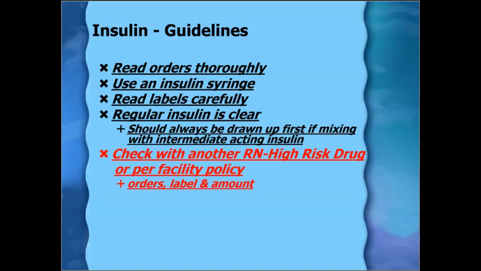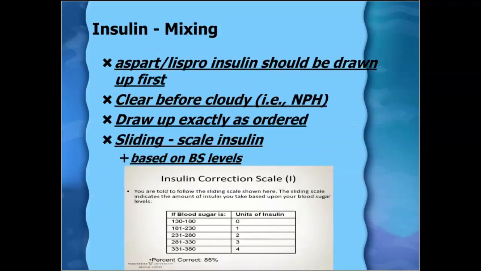Well, in block 1 you don't hand out meds unless your instructor's with you anyway, but I will say that if you're doing any kind of meds, you want to make sure you're double checking with the nurse if it's a high risk med like insulin, right? Again, when you're mixing insulins, we can do Lispro, should be drawn up first. You're going to, again, draw up clear before cloudy. So you're going to draw up Lispro first, then the NPH.